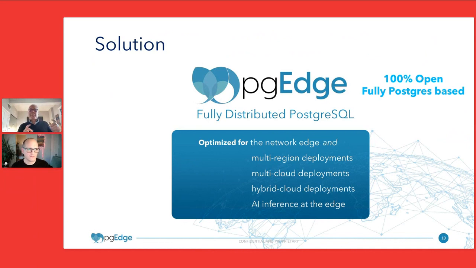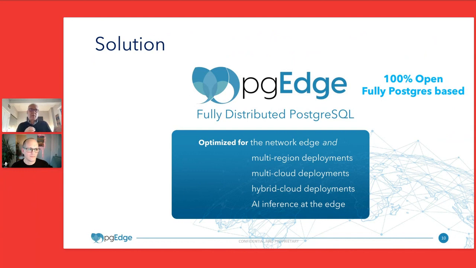I did mention that we're 100% open. What we mean by that is our source code is available. Without getting into the ins and outs of open source licensing, our open source is available on GitHub, and customers are free to access that and do with it as they please. We are also fully Postgres based.